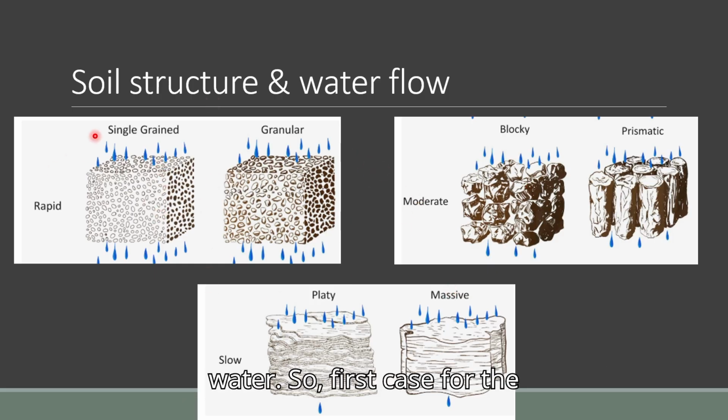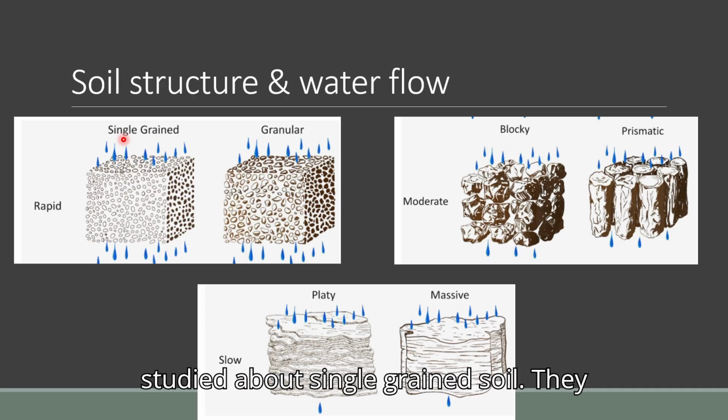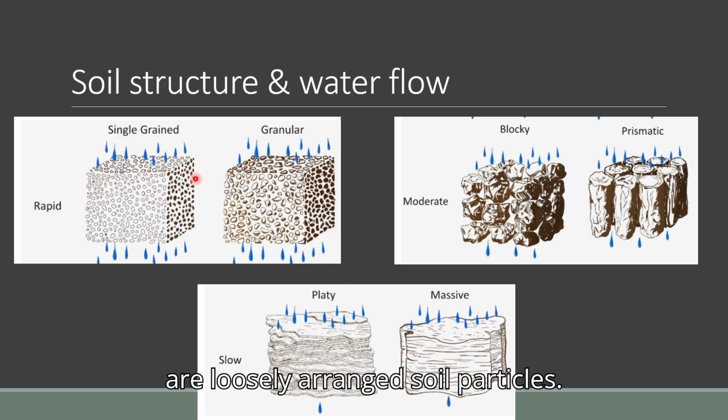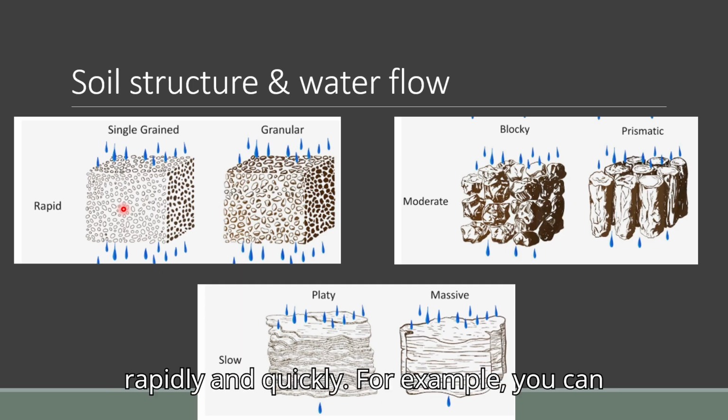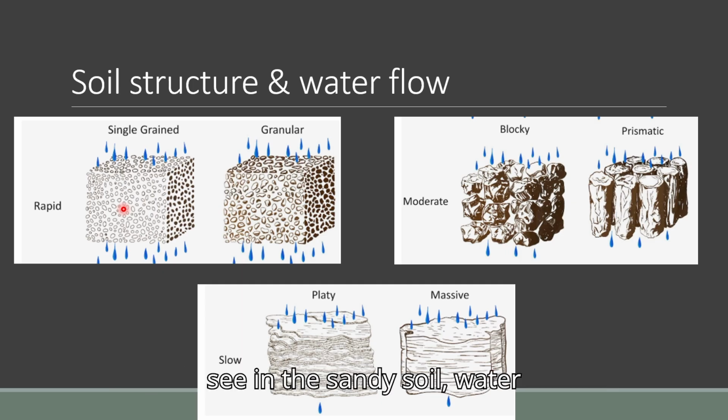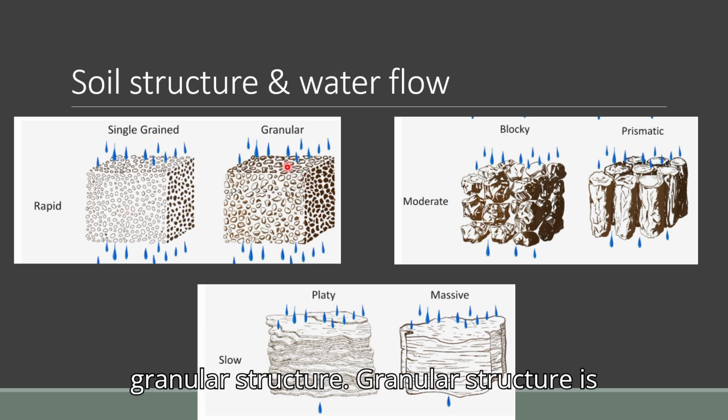So first case is the single grained soil. You have studied about single grained soil. They are loosely arranged soil particles. They will not form aggregates. So large spaces will be between them, and through these spaces, water can move rapidly and quickly. For example, in sandy soil, water will move rapidly. And you can see granular structure.